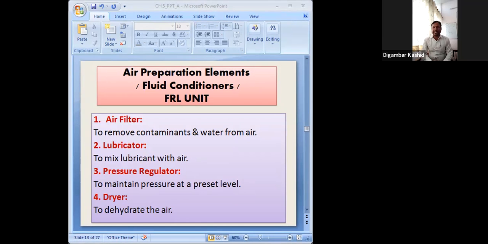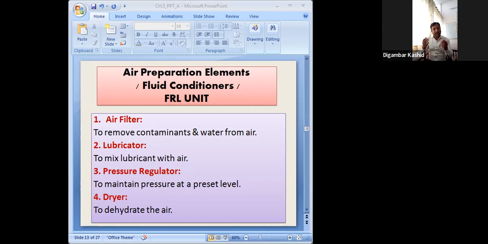The purpose of the fluid conditioner is to make the compressed air a more acceptable and suitable fluid medium for your pneumatic system components, as well as for the operating personnel.